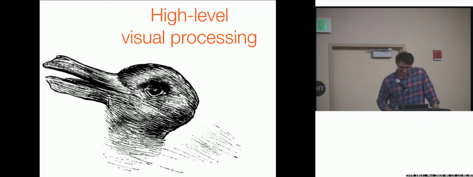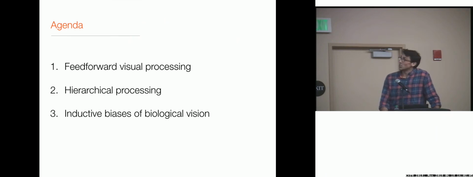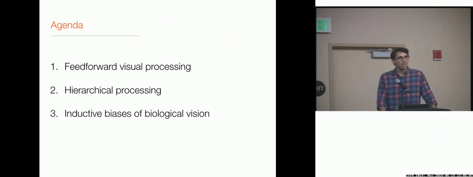But just to start us off, I want to lead up with an agenda. I will first talk about just a basic computational unit for feedforward processing in visual cortex, and really the power of this basic construct.